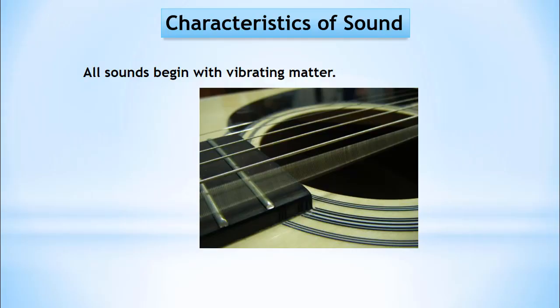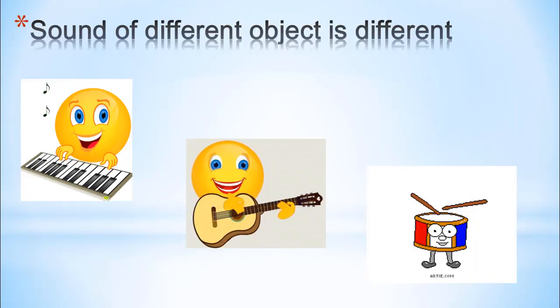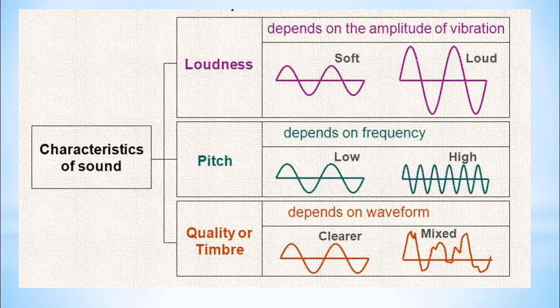We hear a lot of sounds in our surroundings and we can recognize them. How? Sound of different objects is different on the basis of characteristics that we are going to discuss. The characteristics of sound are loudness, pitch, and quality of sound.